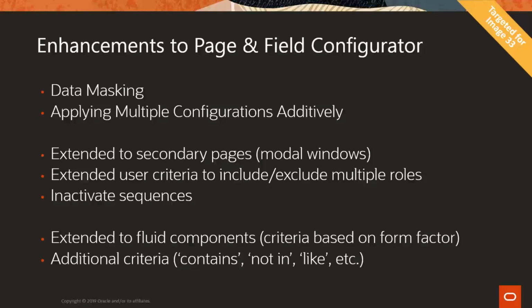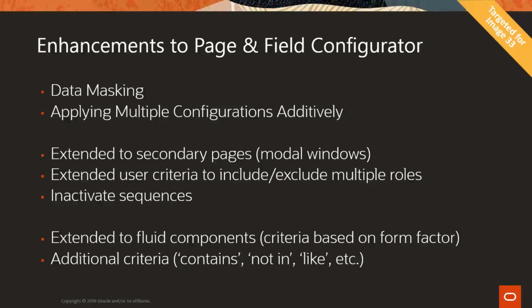The last two have been out for quite a while now. I'll just quickly mention these. The tool was made available to fluid components. As part of that, you can also use the form factor as criteria. So probably not as applicable on data masking, but you could, for example, identify certain smaller devices or smaller form factors to have less fields than some of your larger form factors.